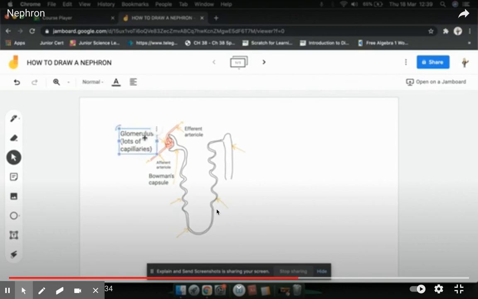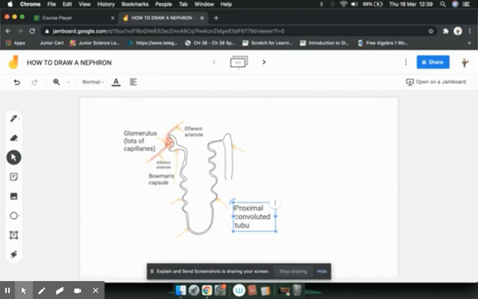So it's still the loop of Henle, but we have what we call the descending, meaning going downwards, and the ascending meaning going back upwards. I may have highlighted a minute ago that the proximal convoluted tubule is shortened to the PCT, and the distal convoluted tubule is shortened to the DCT. Okay, so that's pretty straightforward.